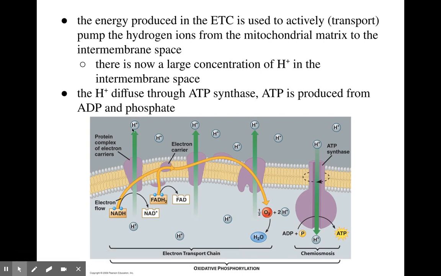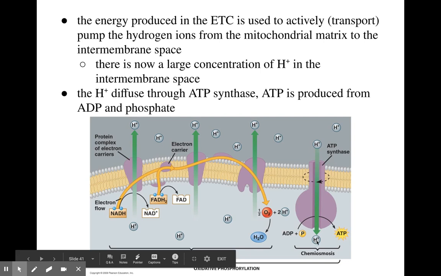And now what's going to happen? Oh, we have a high concentration. And now these hydrogen ions that have a high concentration are going to diffuse, without energy, just naturally travel through our ATP synthase. And then what are we going to see happening? We're going to be making ATP. Remember, that's called chemiosmosis. That's what we're doing.